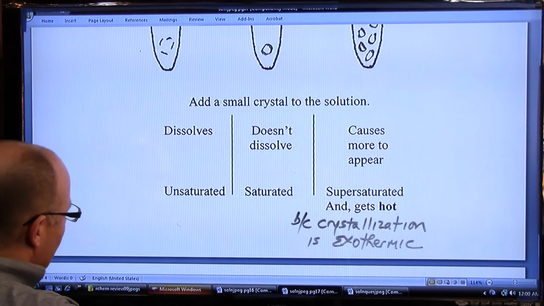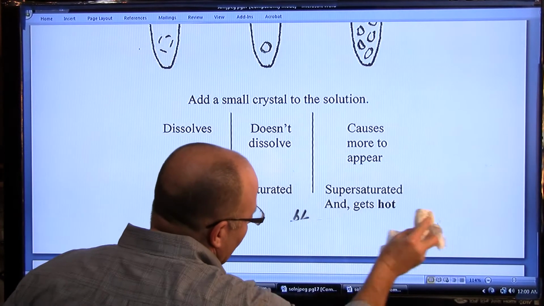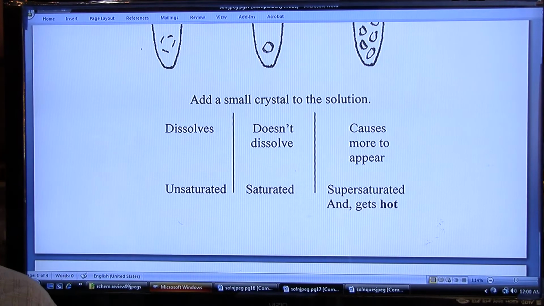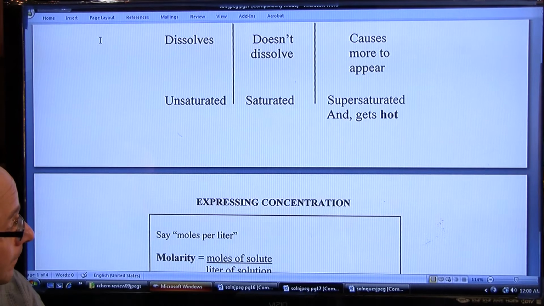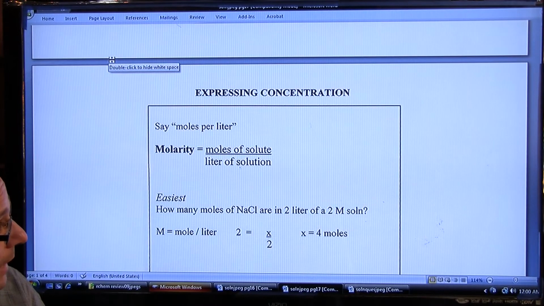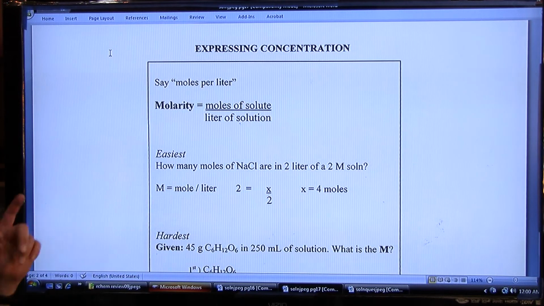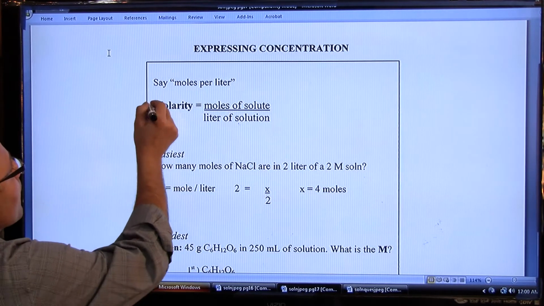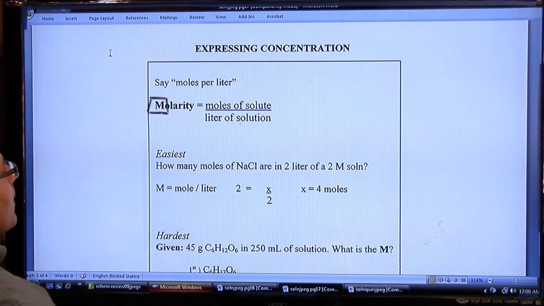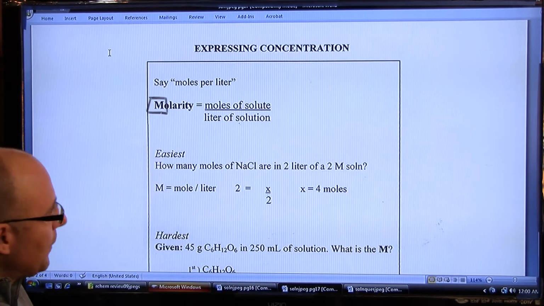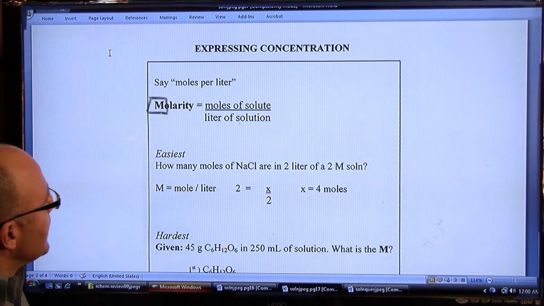And now you're going to need your calculator and the periodic table in hand, because we're going to have to do a formula mass soon. There are two ways to express concentration in this course, and that is molarity, big M, which is the moles of solute per liter of solution, and parts per million, ppm, which we'll deal with in a second.